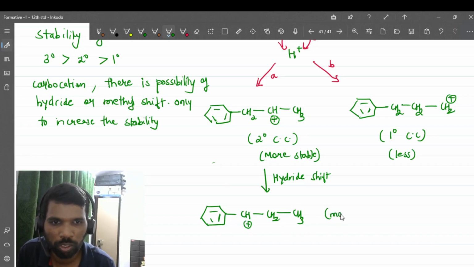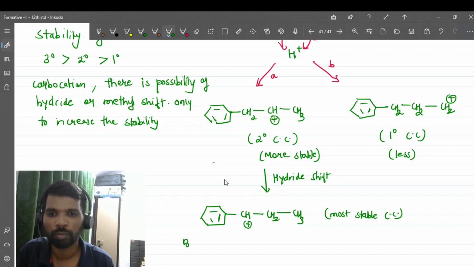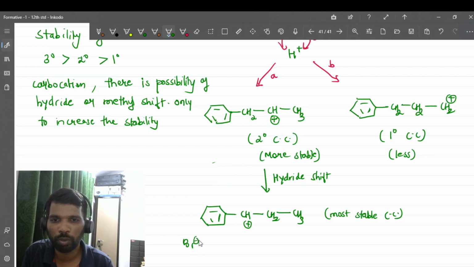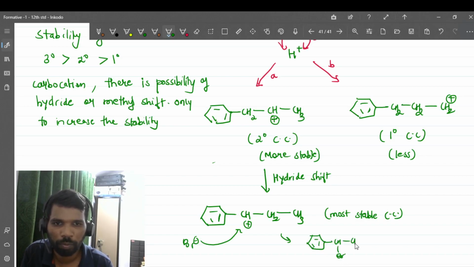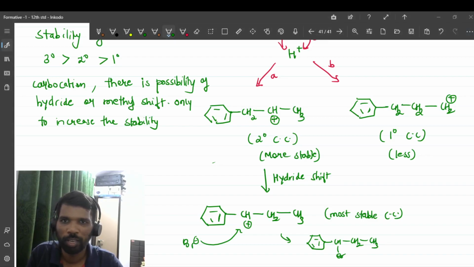This is the most stable carbocation. So next, Br minus is going to attack here, and the final product will be this. So this is the answer for this.